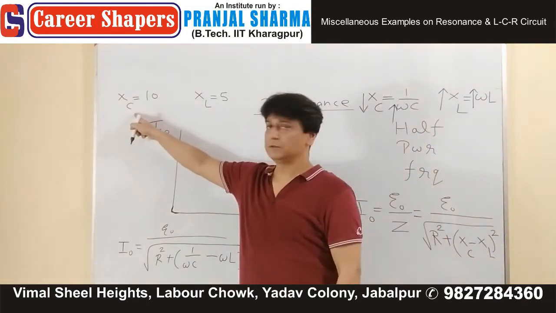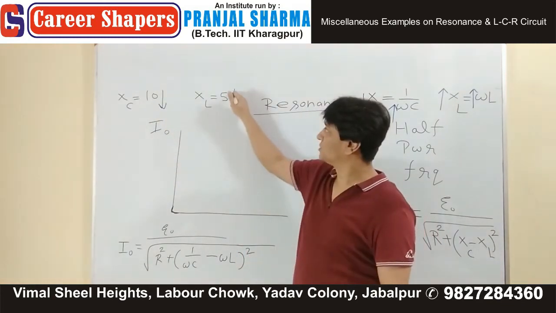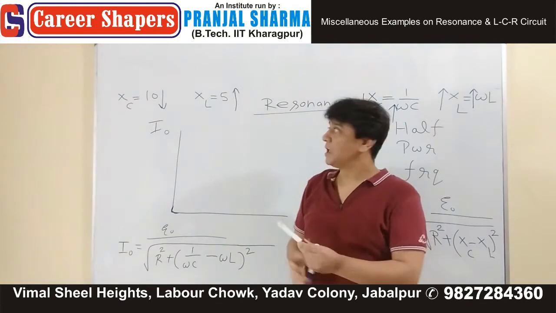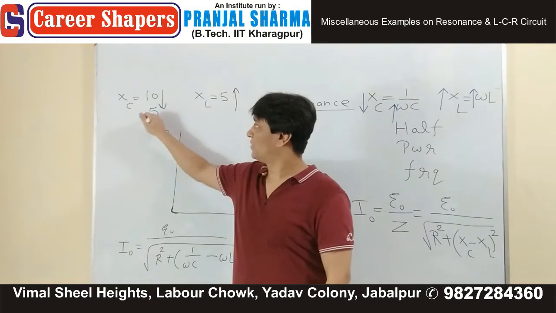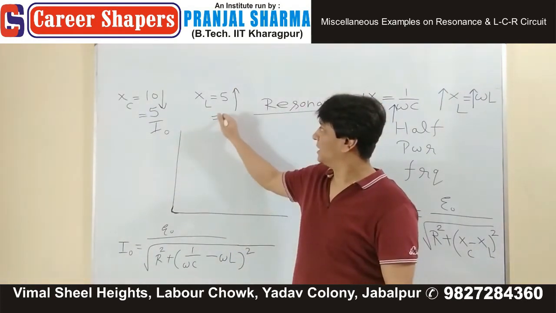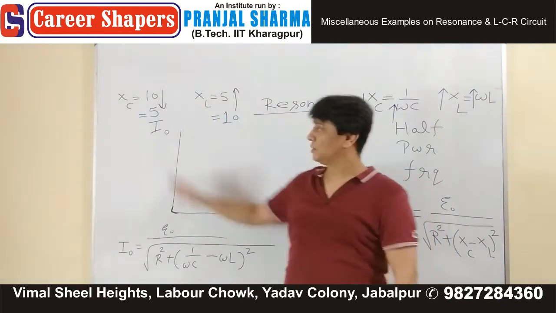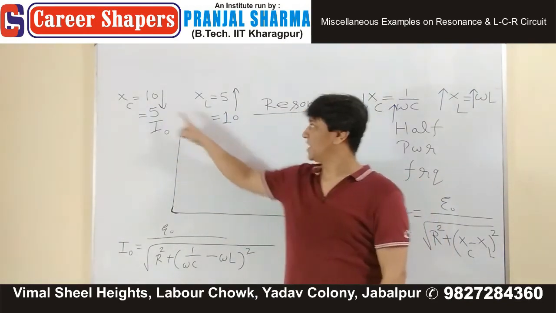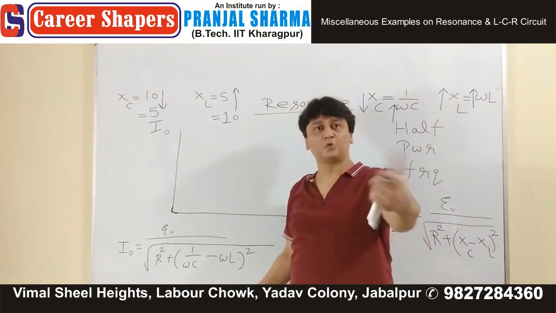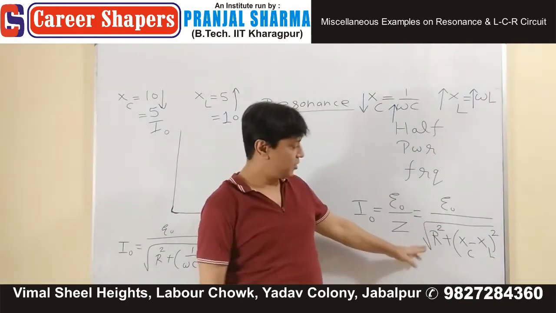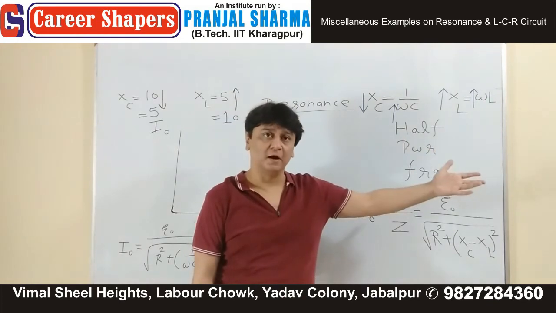This XC is going to decrease, whereas this XL is going to increase. And after some time, this 10 becomes 5, and this XL becomes what? 10. And therefore, the new difference is what? 5 minus 10, which is minus 5, but square is what? 25. So you are getting the same value of Z for two different values of omega.